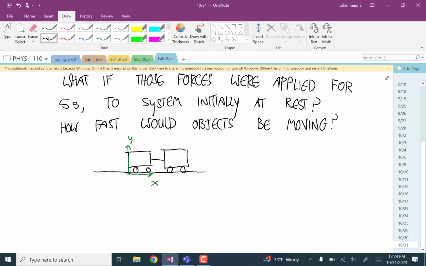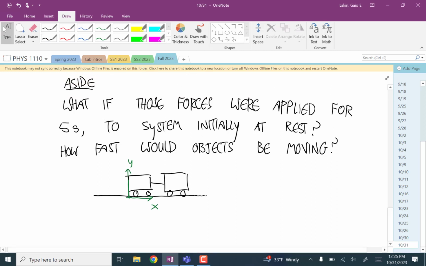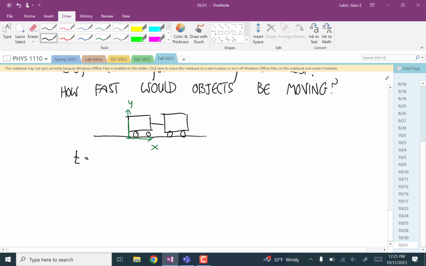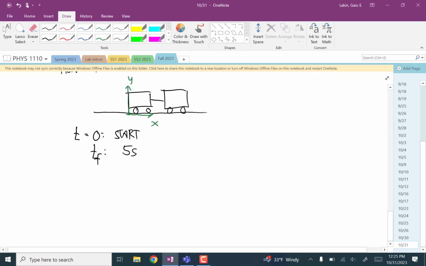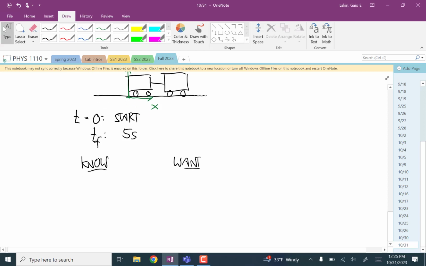And our time equals 0 is going to be at the start of the motion, and our time final is going to be 5 seconds. And now let's think about what we know and what we want. We know tf is 5 seconds. We know the acceleration is negative 3.3 repeating, 0.